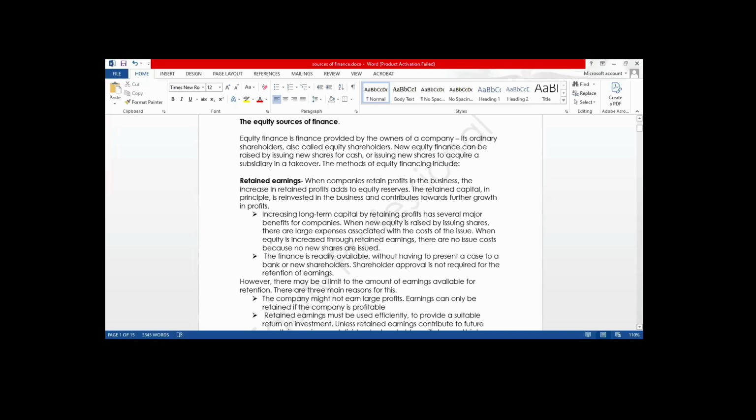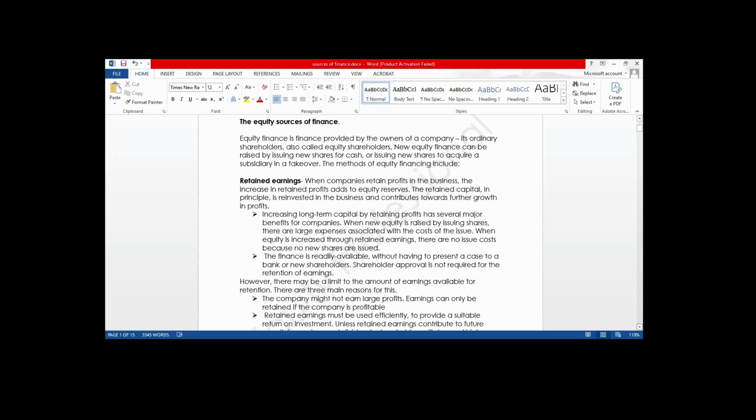For example, a company, XYZ, made a profit of 100 million after tax. 50% is paid as dividend. 50% is retained in the business.